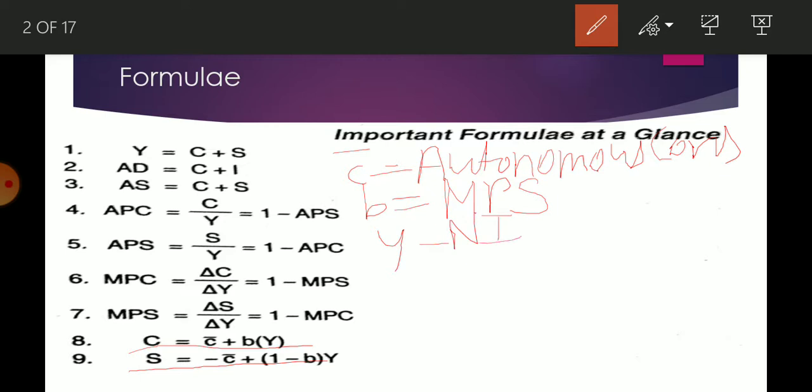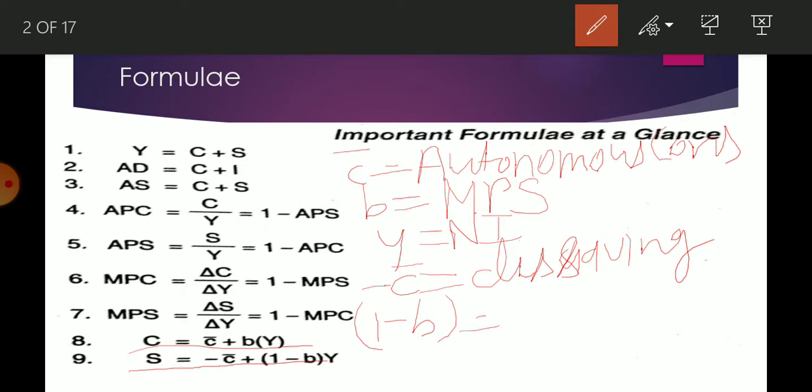After that, here is given the saving function: minus C bar plus 1 minus B Y. So minus C bar is this saving, and 1 minus B means what?